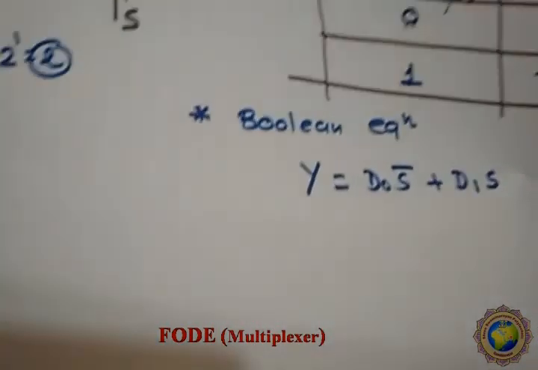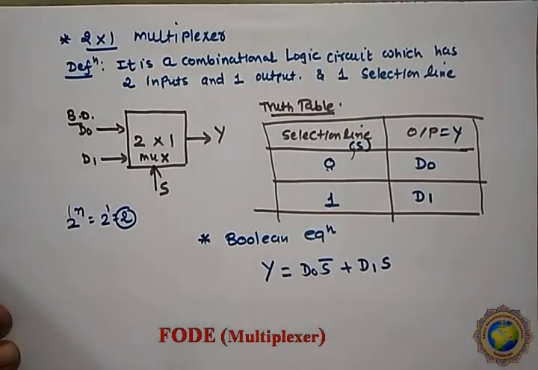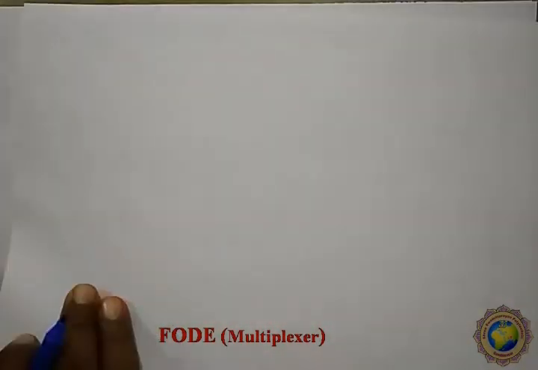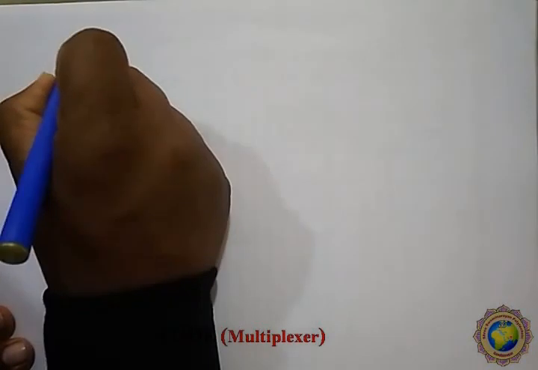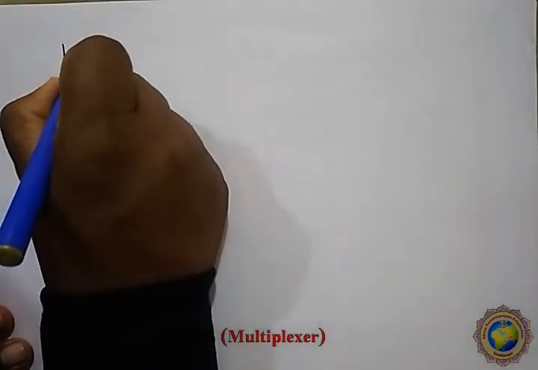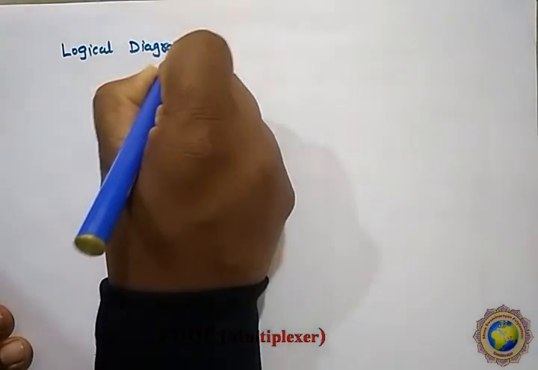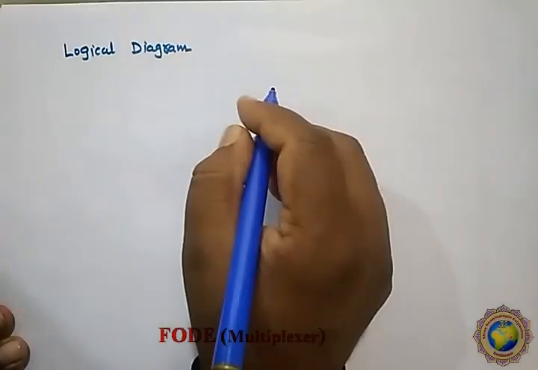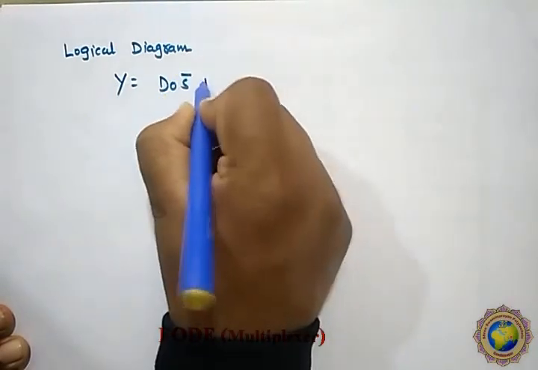ઓકે, હવે આપણે એનું ડાયાગ્રામ દોરીશું. તો આપણે બુલિયન ઇક્વેશન અહીંયા ફરીથી લખી દઈશું. હવે દોરીશું લોજિકલ ડાયાગ્રામ. ઇક્વેશન શું હતું? Y is equal to D0S bar plus D1S.